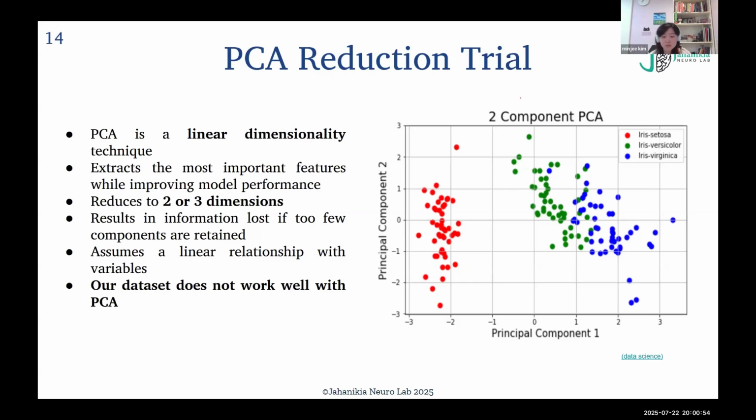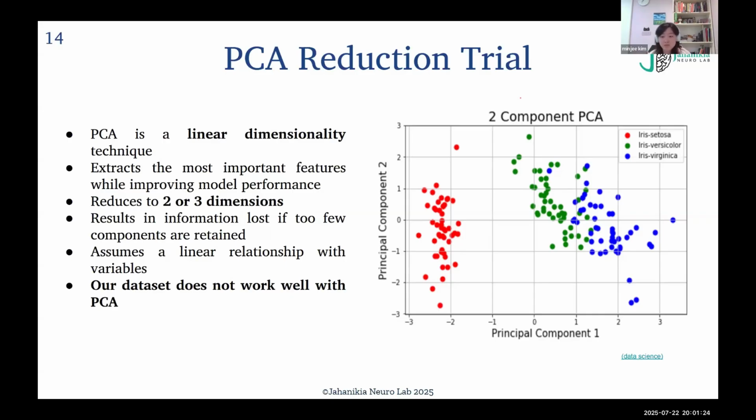Additionally, PCA assumes that there is a linear relationship between the different variables. And on the right, we see a PCA reduction and visualization of the iris dataset, a dataset that contains data points about the 3 different species of irises, including the petal length, width, sepal width, and length, which are linearly related.